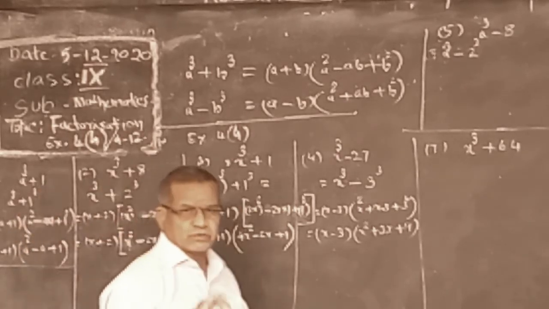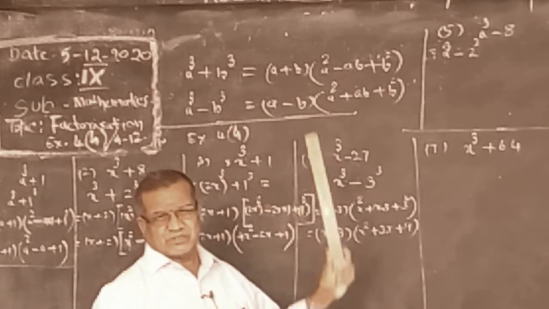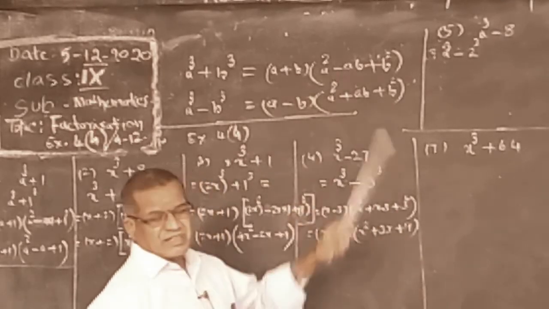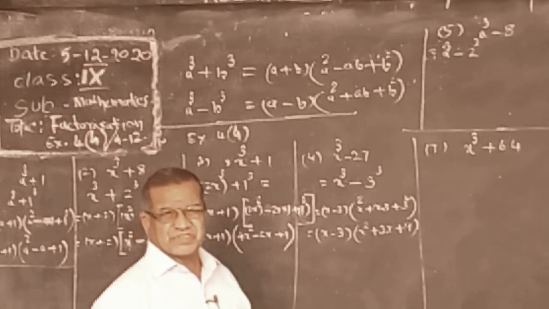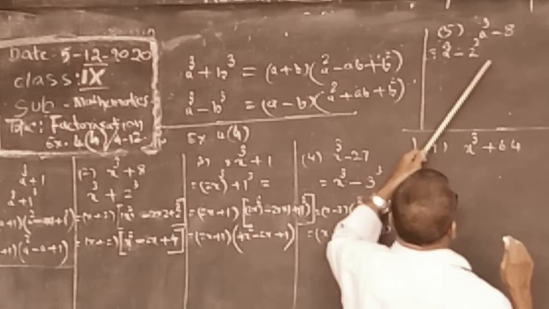Like that. So by seeing only you can say, because we are studying 9th class now, by seeing the number you have to say immediately. Now 8 is 2 cube, a cube minus 2 cube.